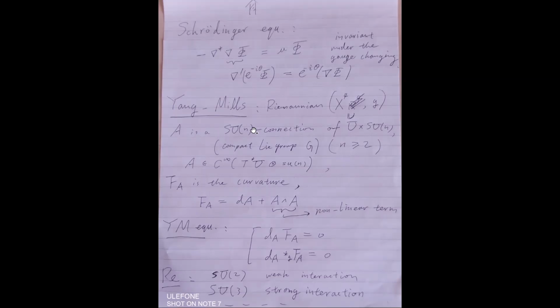So in this higher rank case, a nonlinear term pops out here. So it's not just a linear equation anymore. And the Yang-Mills equation is the following equation, a generalization of the Maxwell equation: dF_A equals 0, and d star F_A equals 0.